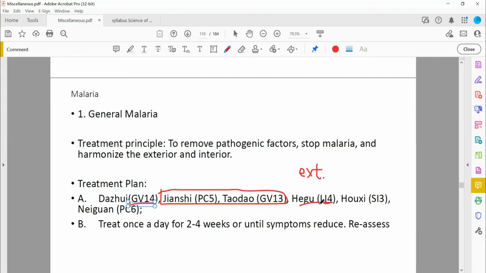This one is kind of a universal one, for the wind, for the exterior syndrome. If the Wei Qi is affected, we usually use this one. Is this one good for pain? If there is pain somewhere, you can use this universal one.